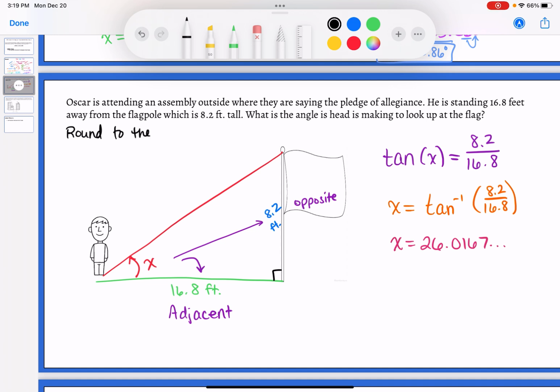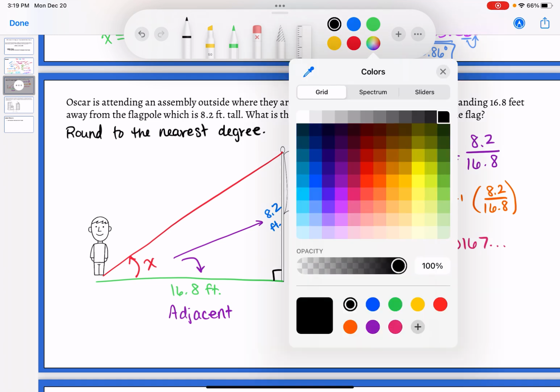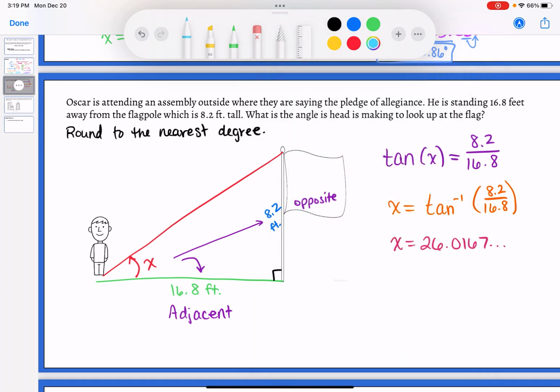Because we're talking about the angle that our head is making, we're probably not going to be able to get really specific, right? And the tenths in our picture are a little bit off anyway. So let's just make sure that we are rounding to the nearest degree. 26.0167 degrees, if I round that to the nearest degree, is about 26 degrees. So the angle his head is making to look up at the flagpole is 26 degrees.